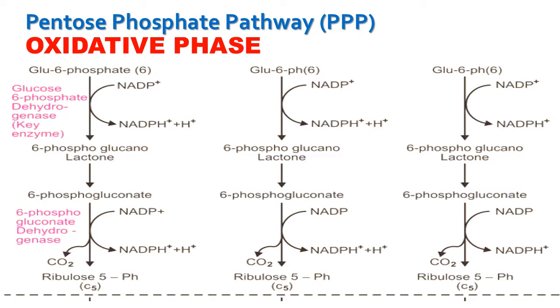During this reaction, again NADP is reduced into NADPH, and there is also a release of carbon dioxide. So this is the oxidative phase of pentose phosphate, where glucose 6 phosphate is converted into ribulose 5 phosphate with the production of 2 NADPH.